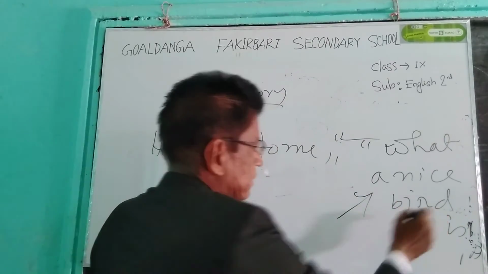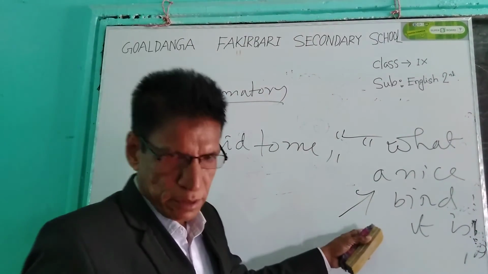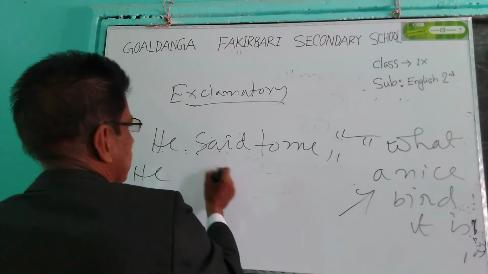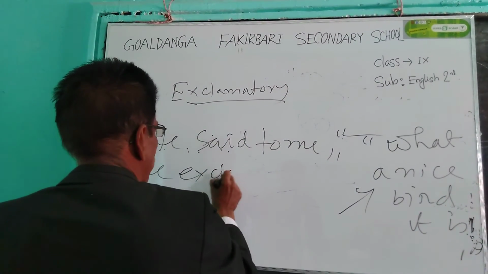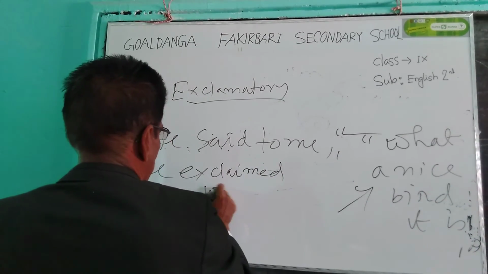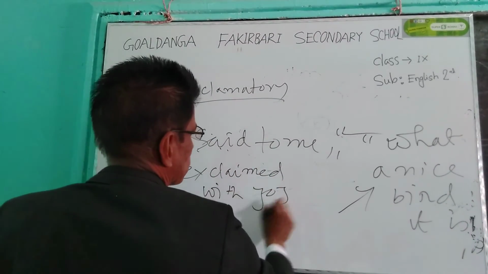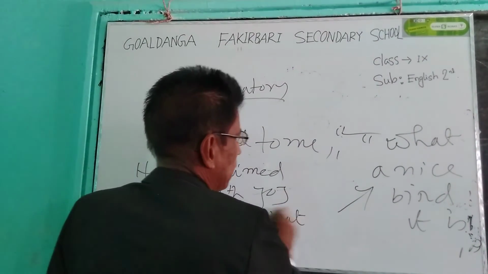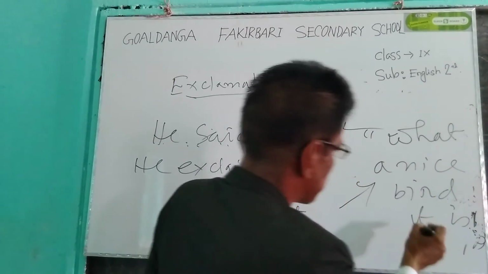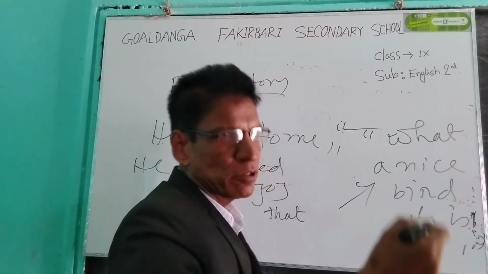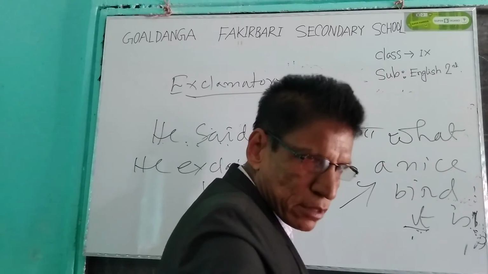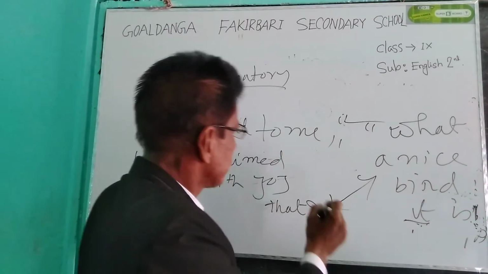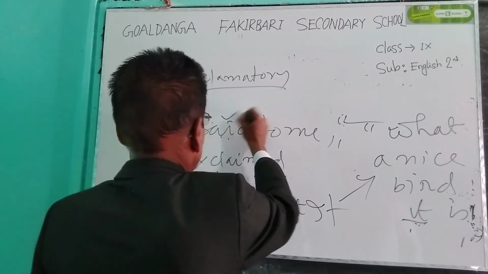The reported speech expresses joys, what a nice bird it is, and that's why we can use he exclaimed with joy, and we can use that in this sentence instead of the comma and quotation marks. Now the subject here is a third person, so it will remain as it is. Here the reporting verb is in the past tense.